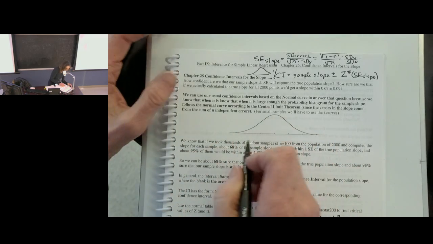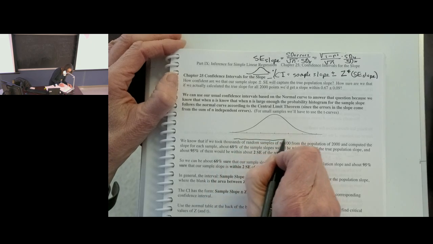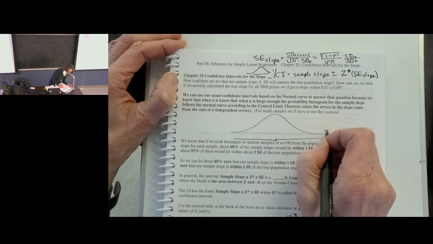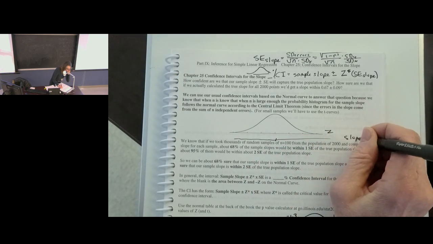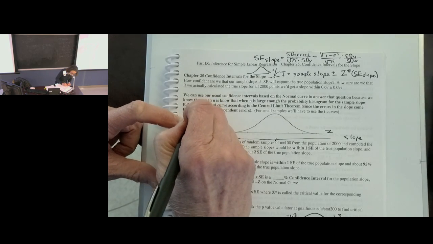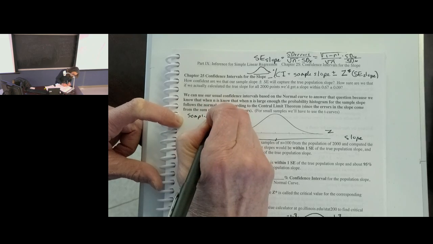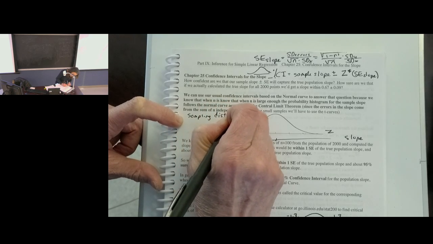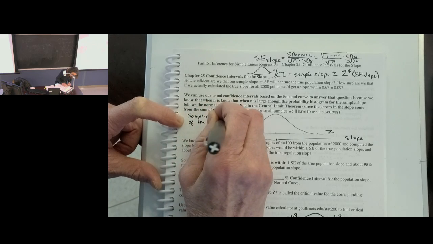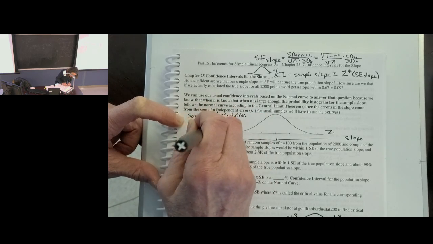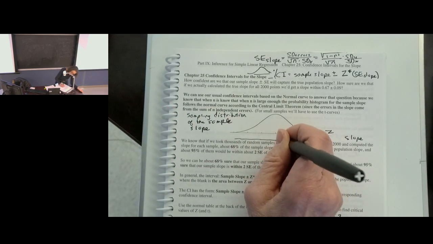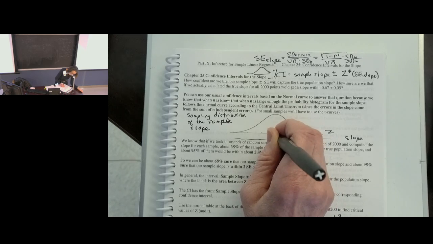So let's think about what we're talking about. There's this true beta. This is our z, and here's our slope. The normal curve is the sampling distribution of the sample slope. The idea is there's some true population slope, with the Greek letter beta, that corresponds right here.